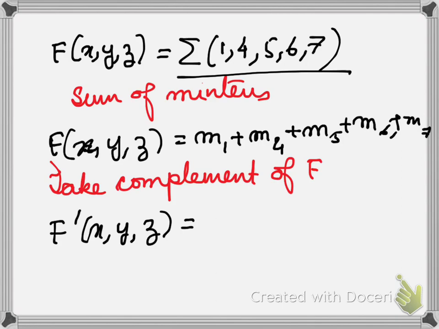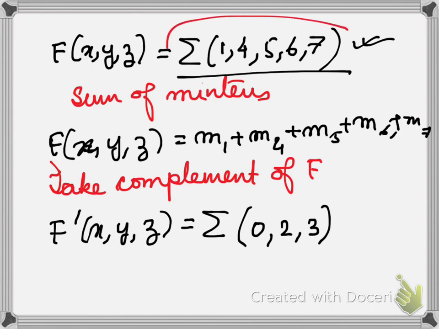So the complement of the function f can be written as the sum of those min terms which are not present here. So 0 is not present, 2 is not present, 3 is not present. Because it is on 3 variables, I have from 0 to 7, and the rest are all present. So the complement of the function would be the min terms which are missing from this expression. So I have f dash is equal to this.